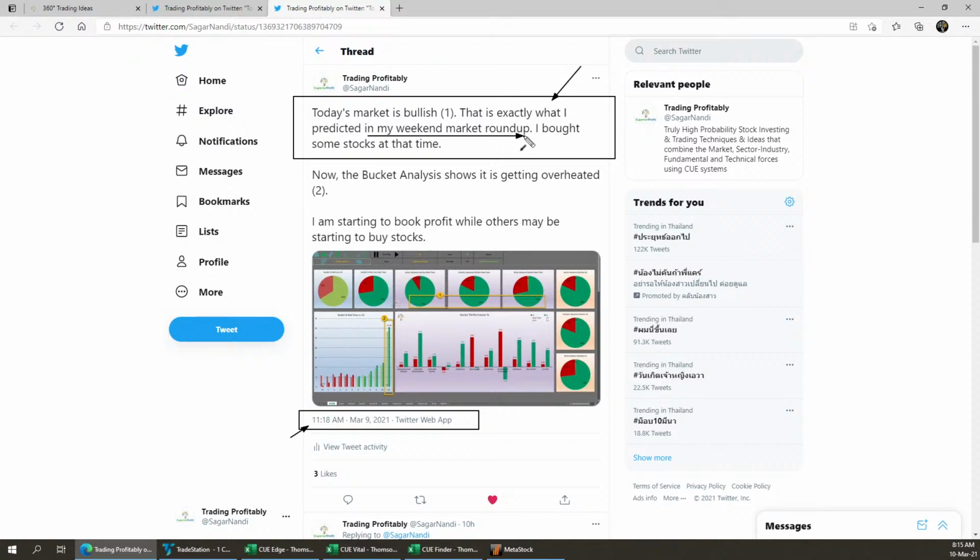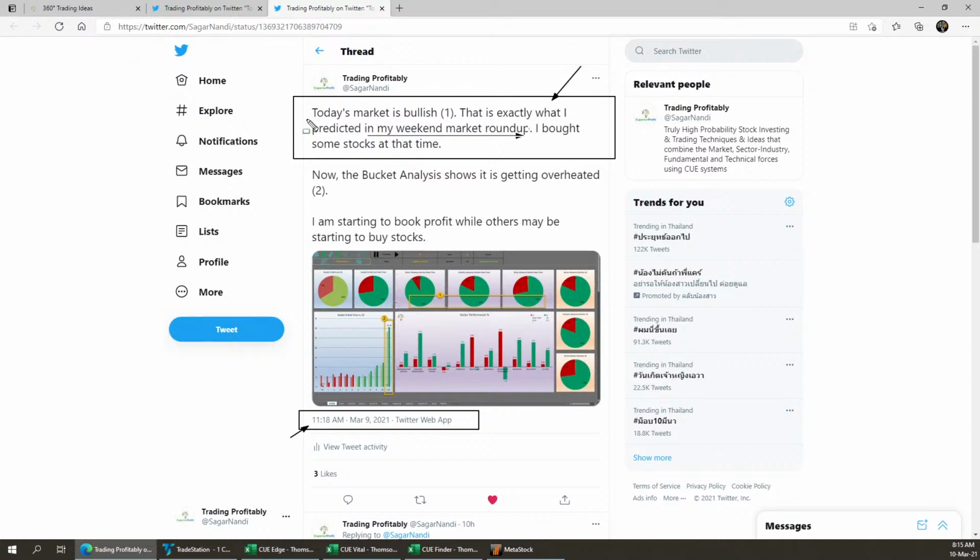And I follow several other people, several forums. I was probably the only person, or maybe one of very few people, who suggested buying stocks in the weekend market roundup, very few.